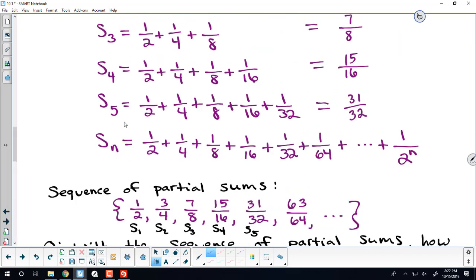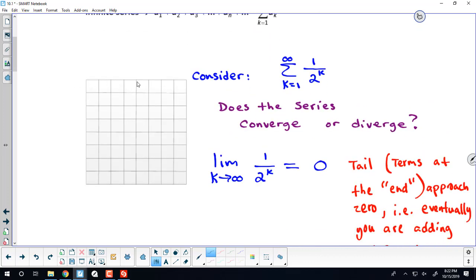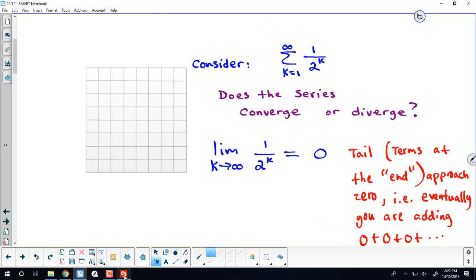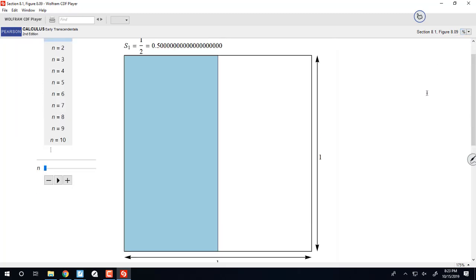And so this right here, I know that was a lot of work. This right here I'm just going to take from your textbook. So we start off with this 1 by 1 square, now that we know the sum is actually equal to 1, and then we're going to look at the nth partial sums. So we have the first, which was a half, the second, which was 3/4.